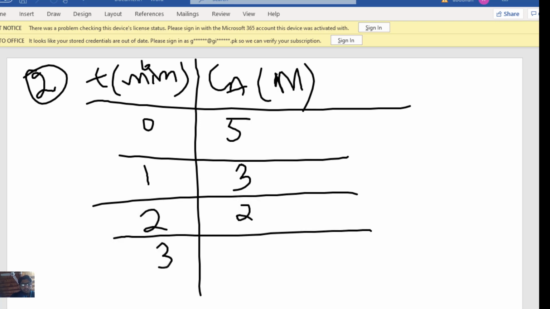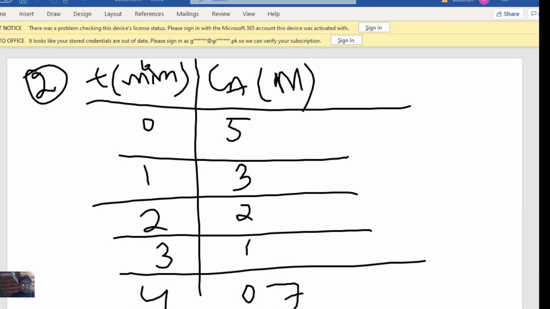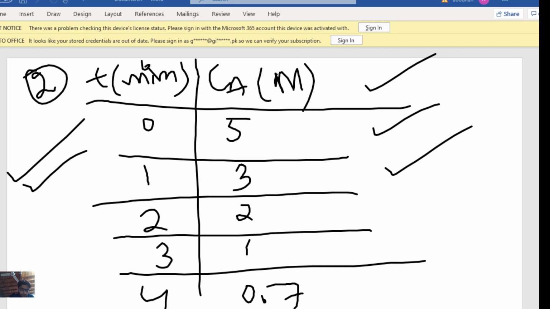At time 3 minutes, it was 1 molar. At time 4 minutes, it was 0.7 molar. So in the first step of the calculus method, we perform the experiment and draw a table from the experimental values.